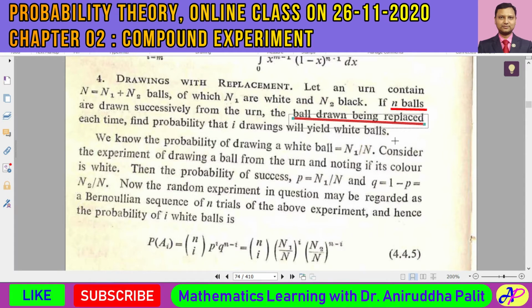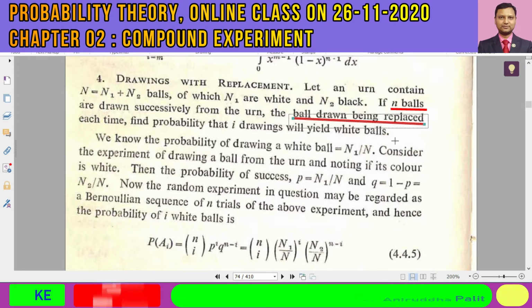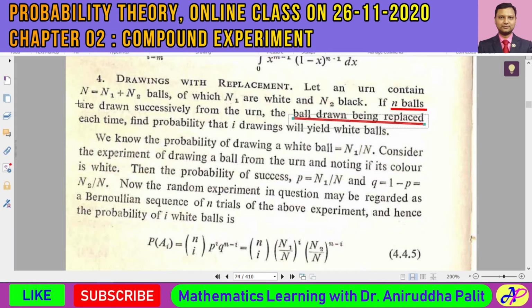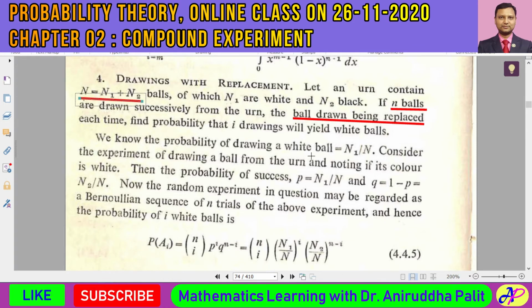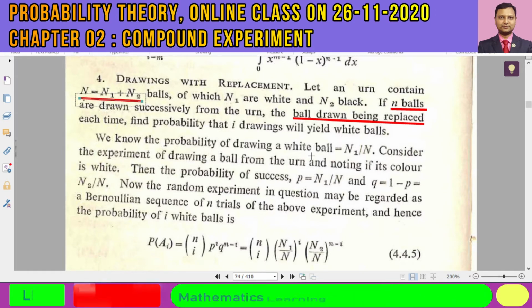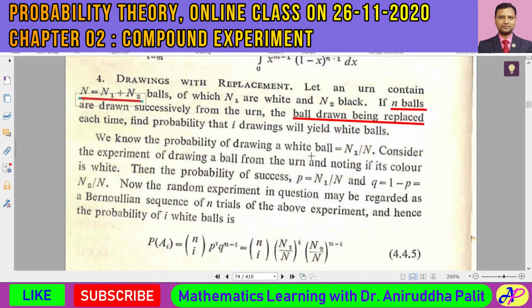Therefore, in each and every trial, the total number of balls remains equal to capital N, which is N1 plus N2. The total number of balls in each and every trial remains the same, and therefore if we consider the probability of drawing a black ball or drawing a white ball in each and every trial, the probability does not change.